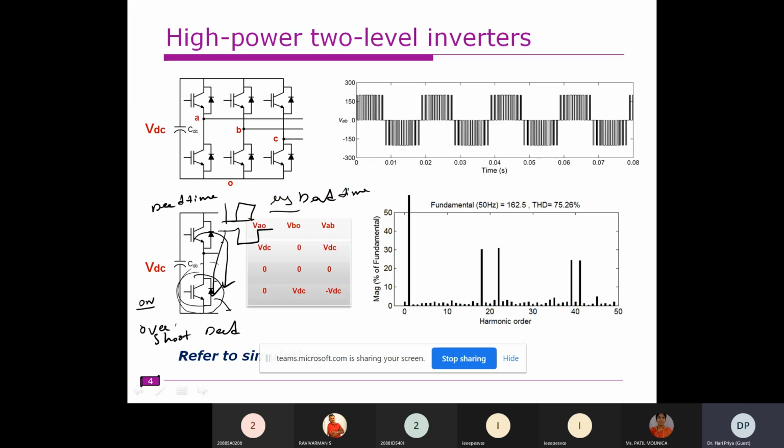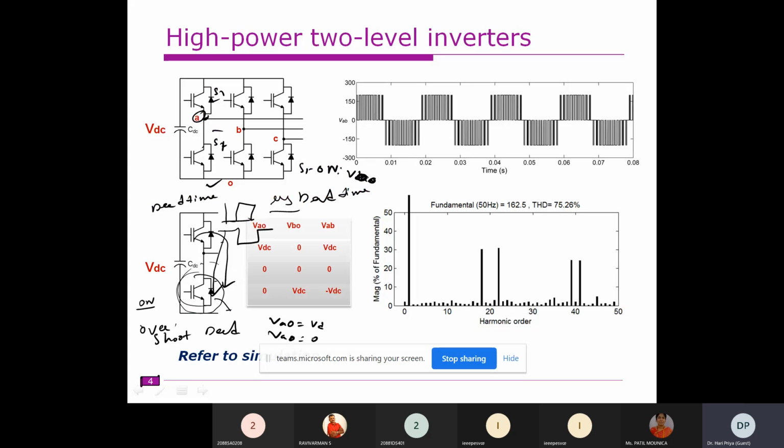But what is our context right now? What is the voltage between A and O? That means if the switch is S1 and the other is S1 bar, if S1 is on, the voltage VAO is equal to VDC, obviously. Because when this is on, this will be off, the voltage VAO will be VDC. When the bottom switch is on, VAO is equal to 0.